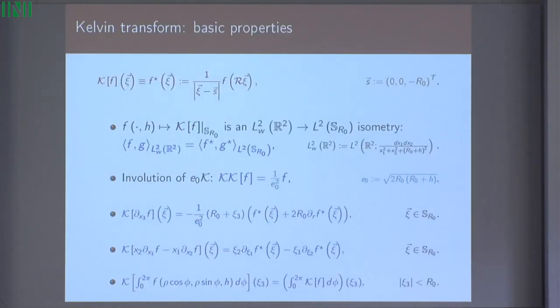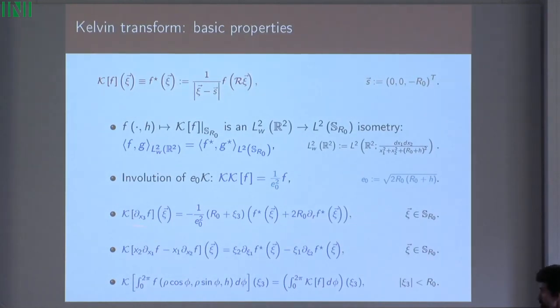The Kelvin transform has some nice properties. It's essentially its own inverse. It's an isometry. It doesn't do much with respect to the angular variables in horizontal sections.